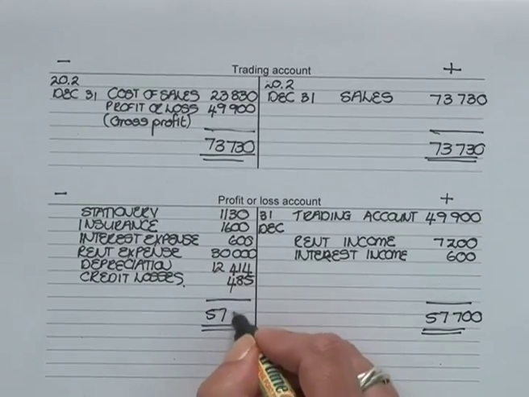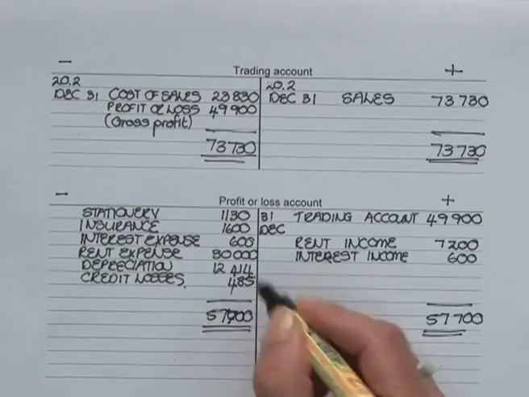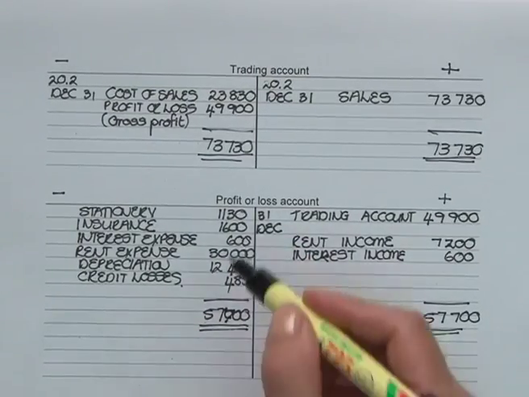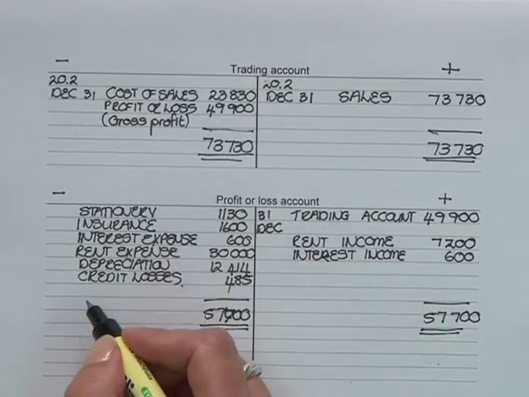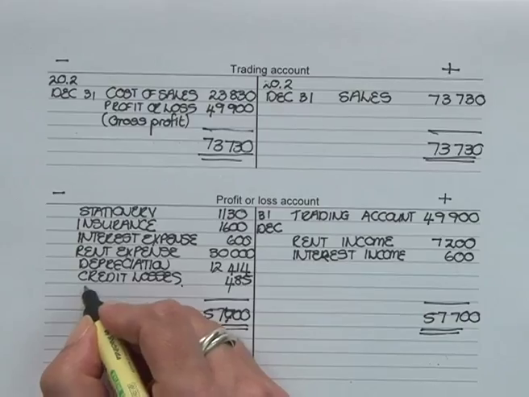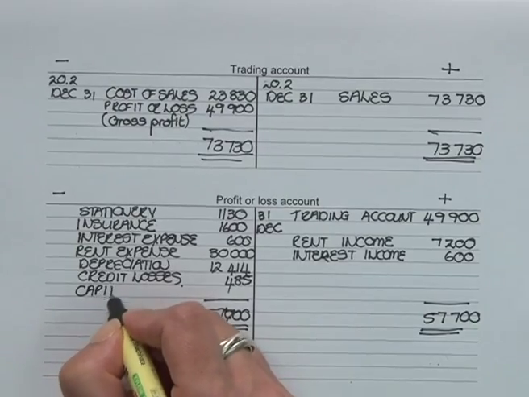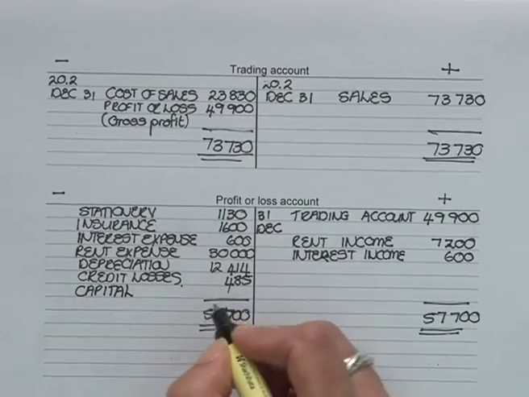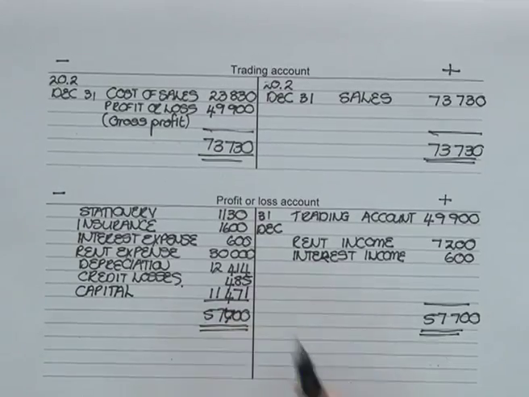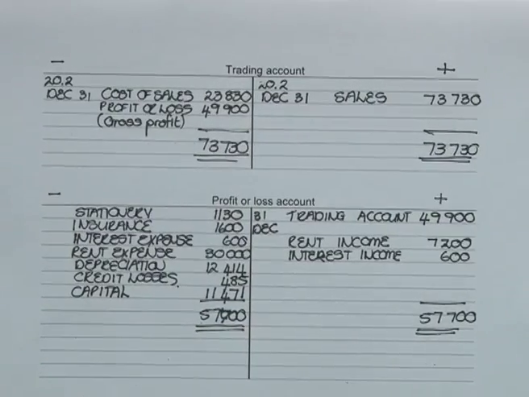And that is higher than the debits. So if I take this 57,700 and I deduct my expenses, I get to my profit for the year, which belongs to the owner, and we transfer that to the capital account of the owner, the 11,471. So now we're done with all our income and expenses.